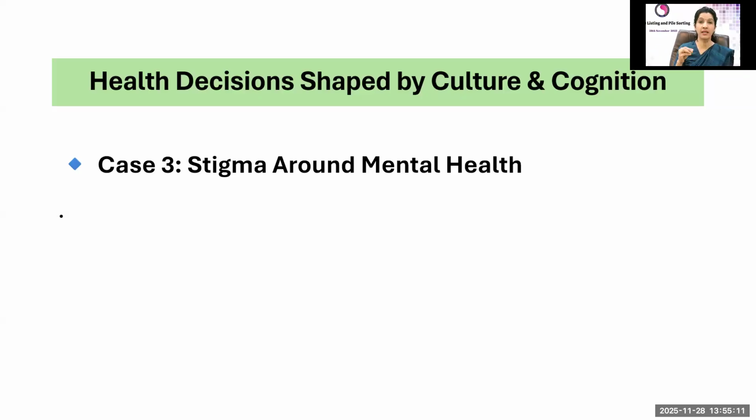Why? Because then people will start judging us. If somebody comes to know that we have gone to the psychiatric department, they will start labeling us as mentally unhealthy, and whatever we say, they will not attach due importance to that, because they will say, oh, he's not having a sane mind. Even if we are angry, they will say there is some mental health issue or something like that.